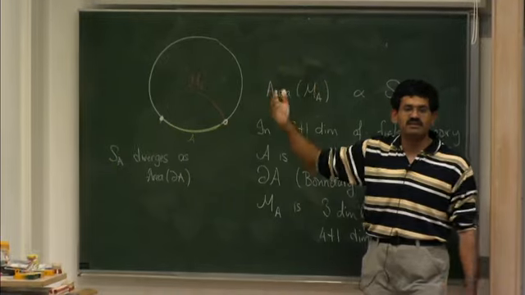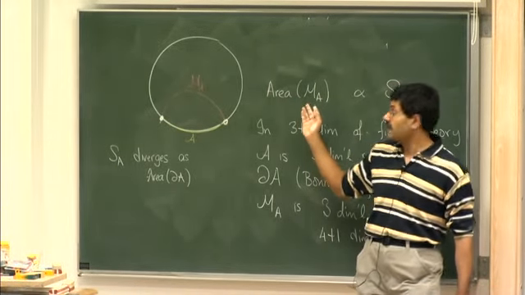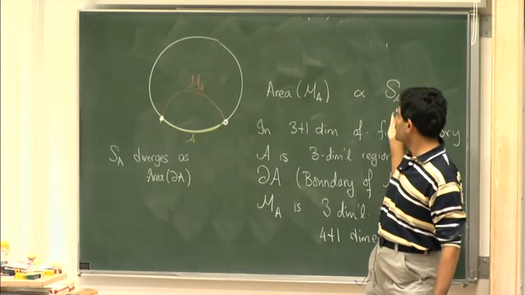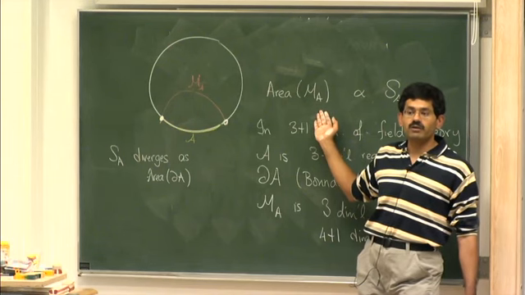So that's a basic consistency check of this proposal, that you have the same kind of behavior for the entanglement entropy in the local quantum field theory and for these minimal surfaces in this geometric picture.